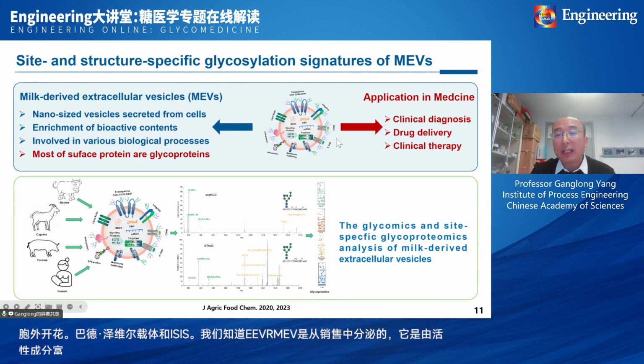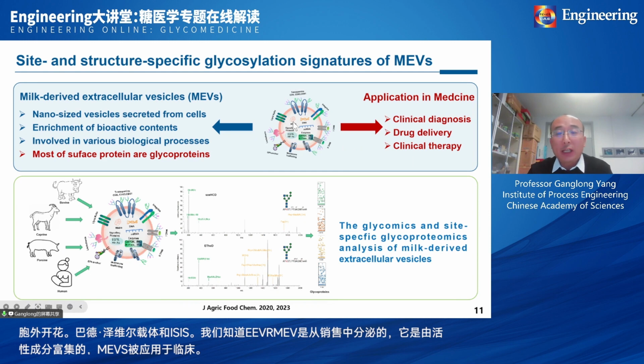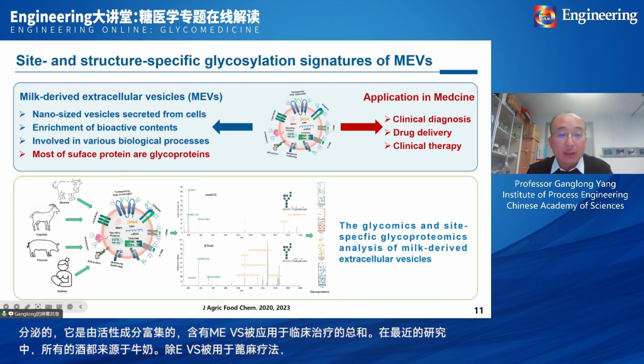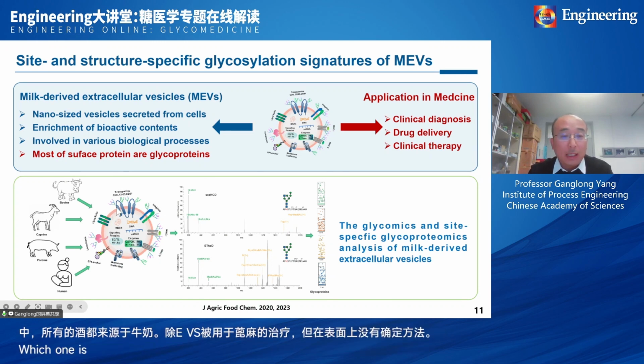MEVs are applied in clinical diagnosis, drug delivery, and some therapies. In a recent study, bovine milk-derived EVs were used for cancer therapy, but the proteins on the surface of the EVs were not identified. So we developed a method to analyze the glycopeptides on bovine, caprine, porcine, and human EVs.